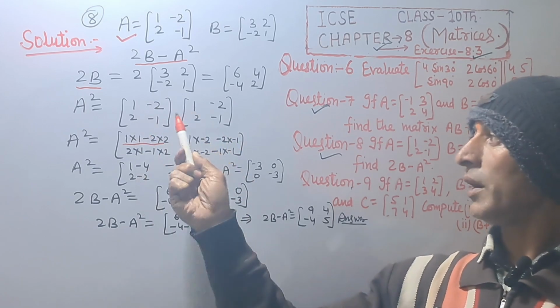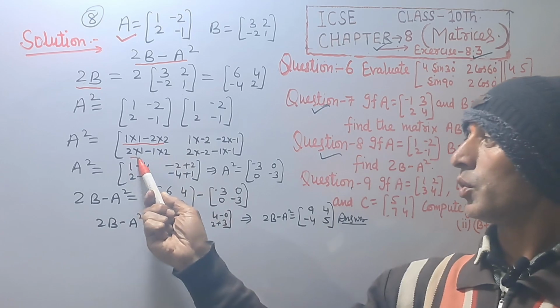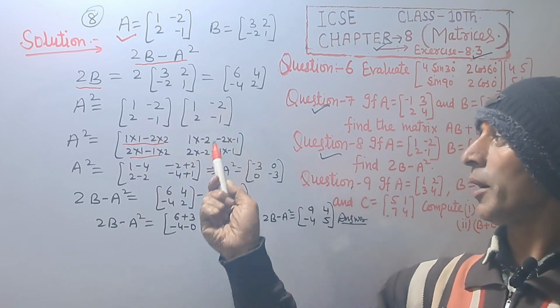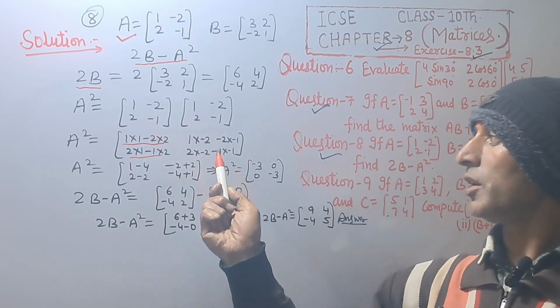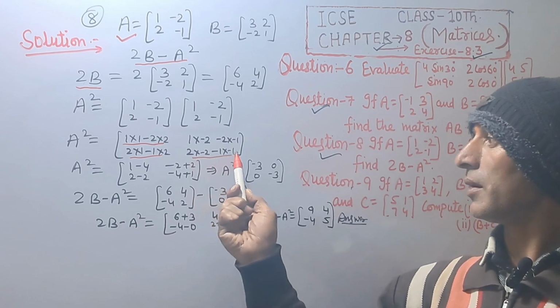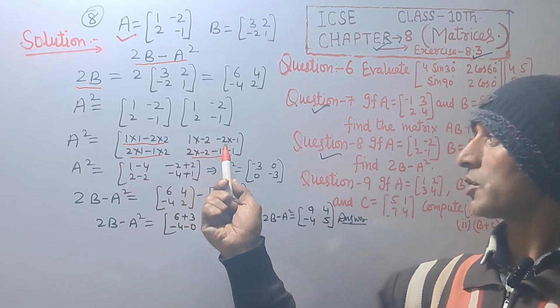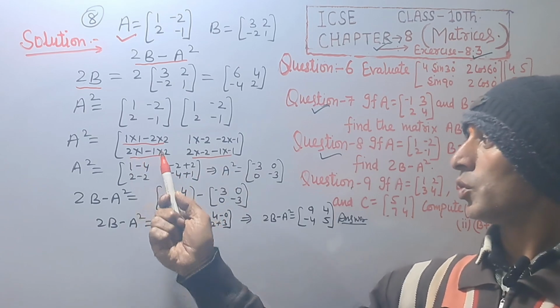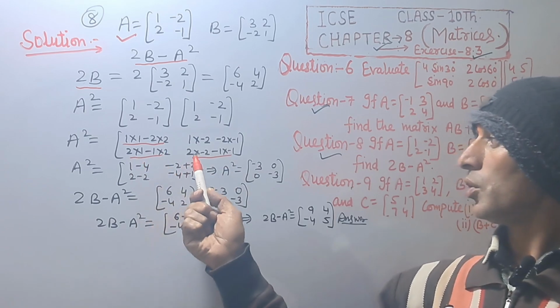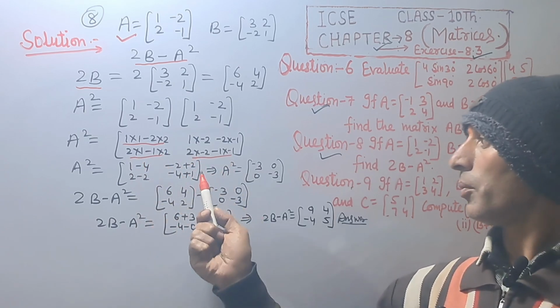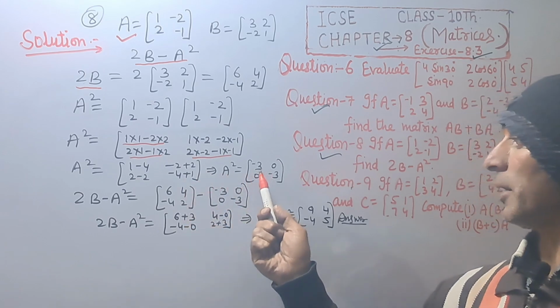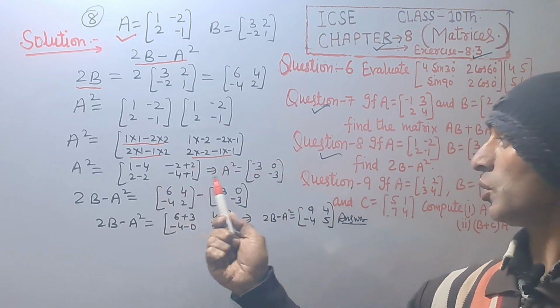Then 2 into 1 minus 1 into 2. 2 into minus 2, minus 1 into minus 1. 1 minus 4, minus 2 plus 2. 2 minus 2, minus 4 plus 1, that is [-3, 0; 0, -3].